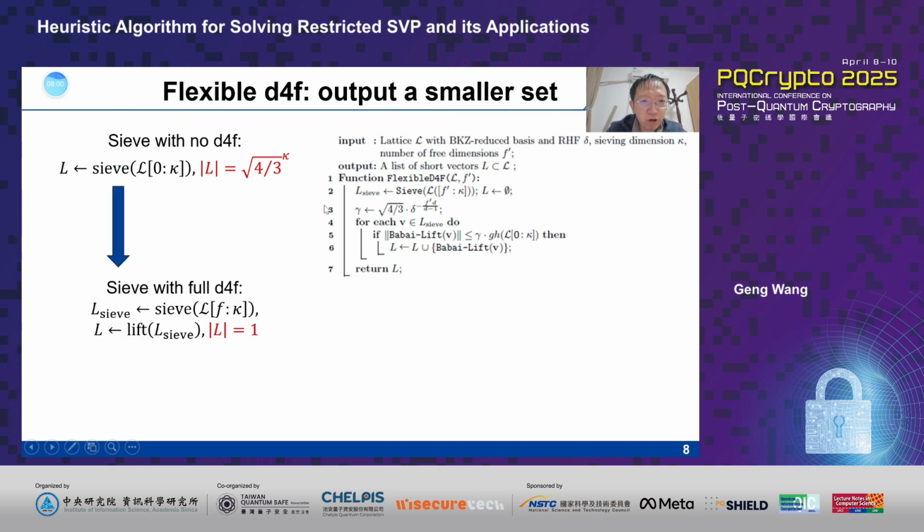The first approach, we call it flexible dimensions for free. If we run a sieve without dimensions for free, we output a vector set of size square root of 4/3 to the kappa. And if we run the sieve with full dimensions for free, we output only one vector. So what if we use a more flexible value for dimensions for free?